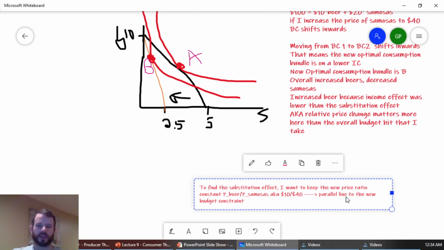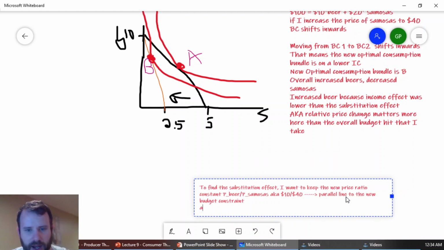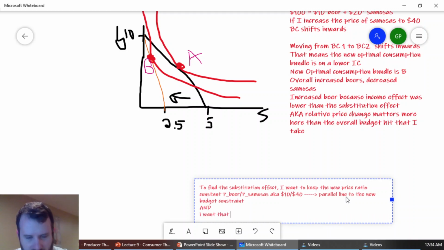And I want that parallel line to be tangent to the old indifference curve.